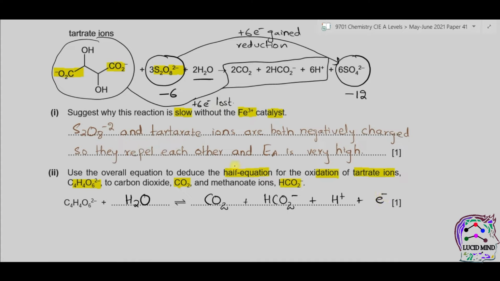Now we can write the values from the given equation. We have 2 moles of H2O, 2 moles of CO2 are formed, 2 moles of HCO2 -, 6 H positive are there, and 6 electrons will be lost. So this is the half equation for oxidation of tartrate ions.